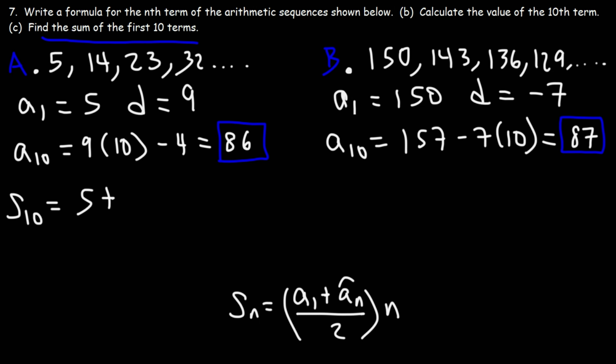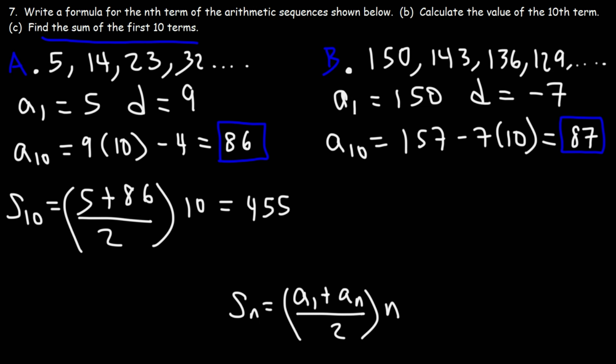A sub n is a sub 10, the 10th term, which is 86, divided by 2 times the number of terms, which is 10. 5 plus 86 is 91. 91 divided by 2 gives us an average of 45.5 of the first and last number. And then times 10, we get a total sum of 455. So that is the sum of the first 10 terms of this sequence.